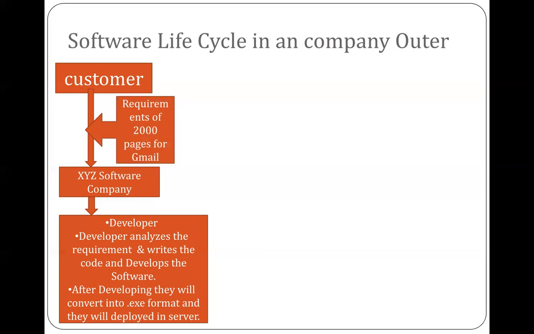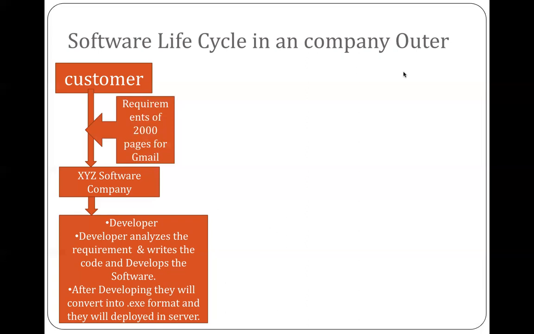This is human resource management. And finally, finance management. From the budget perspective, they will think: if I take up this project, what is the cost, and what are the profit and loss?